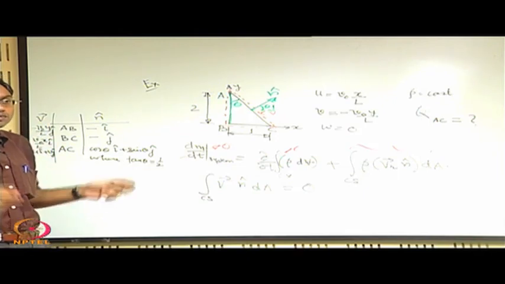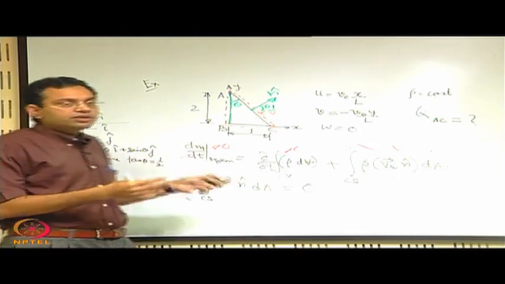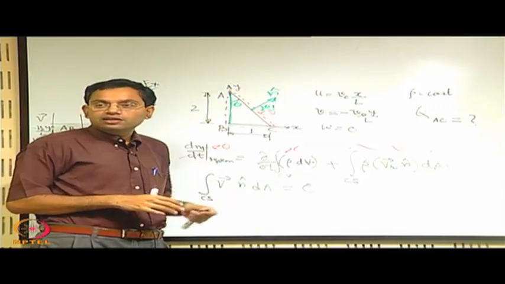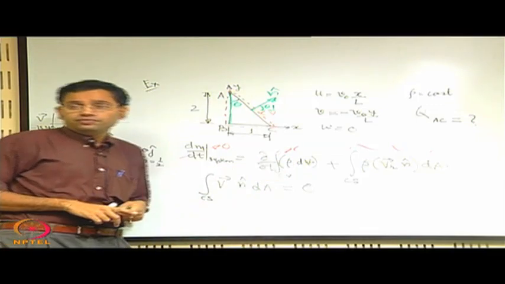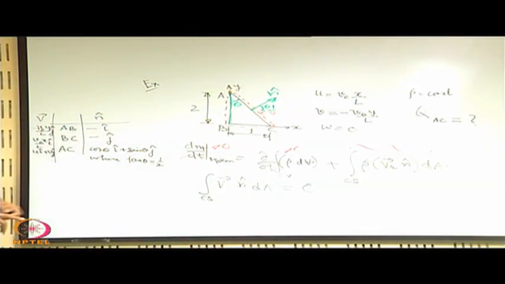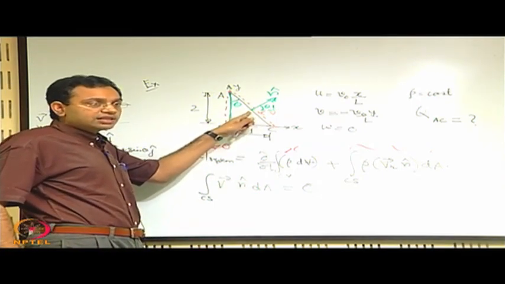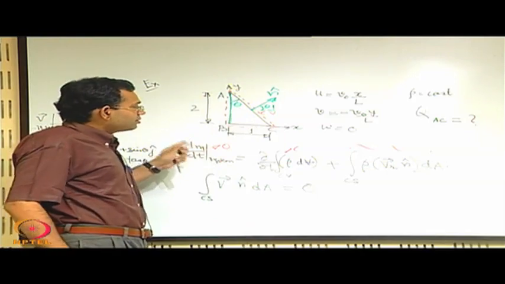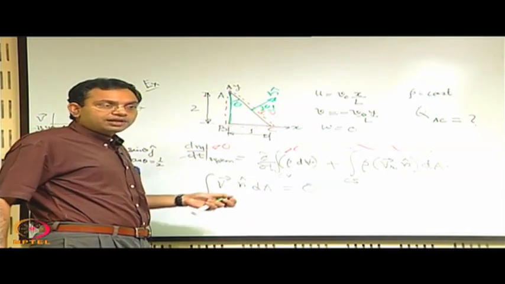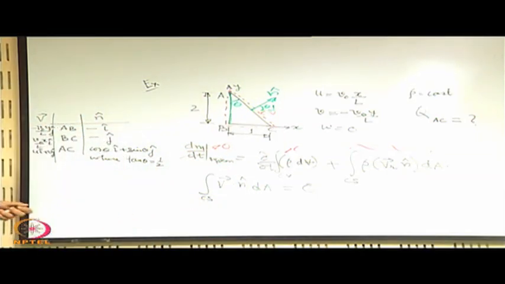So, this is a more intuitive case where nothing is entering and nothing therefore is expected to leave. If by chance you get something which is leaving through this and nothing is entering, that will really violate the law of mass conservation. So one has to be careful of that.